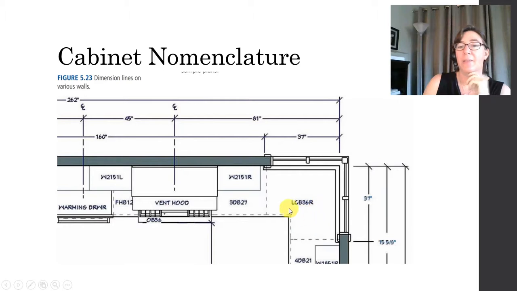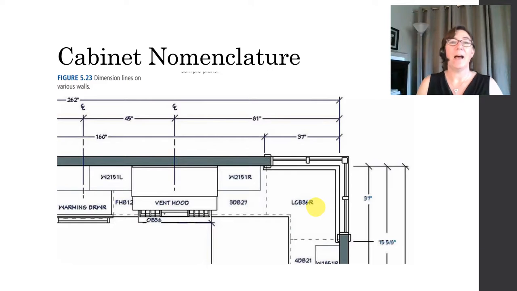One more, okay? This one says LCB36R. Pause the video and see if you can figure out what that one means. All right, time's up. The LCB is going to be a code for a corner base of some kind.